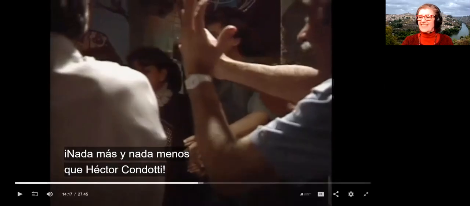Héctor Condotti tiene un apellido italiano. He's got an Italian surname. Yeah, his ancestors came over from Italia. Lots and lots of immigrants from there. Lots of people with German names in Argentina. Lots of German surnames. And we're not talking about World War II, really, like way before.